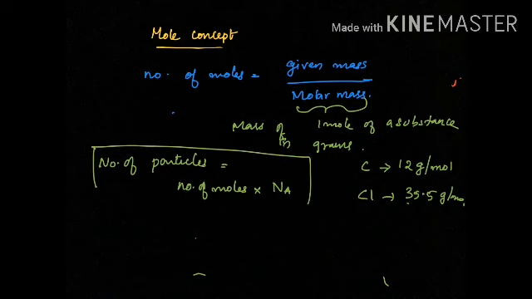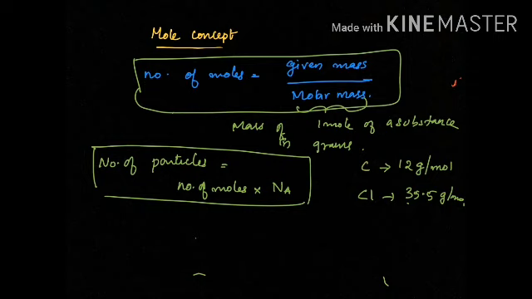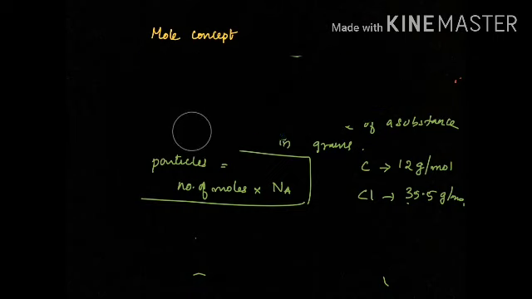Using these two equations, we can do a lot of calculations. Numerical problems we can solve using these two formulas, right? So number of moles is equal to given mass by molar mass, then number of particles is equal to number of moles into Avogadro number.